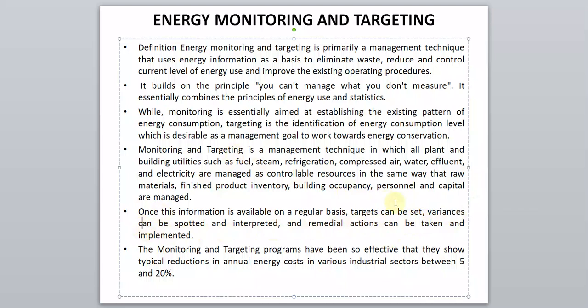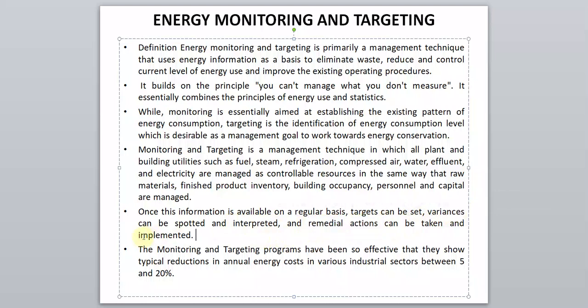That is nothing but the variances. It can be spotted and interpreted according to the remedial actions. Variances are nothing but the error, the difference between the output and the desired value. So we can reduce it by taking some remedial actions.